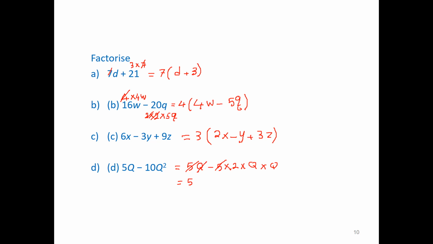Also q is common. And then we open the bracket. What is the remaining here? The remaining here is 1, not 0, because if we divide 5q by 5q, you'll get 1. And the remaining from the second term is 2q. So to check your answer, you can multiply out this bracket, you will get the original one, okay?